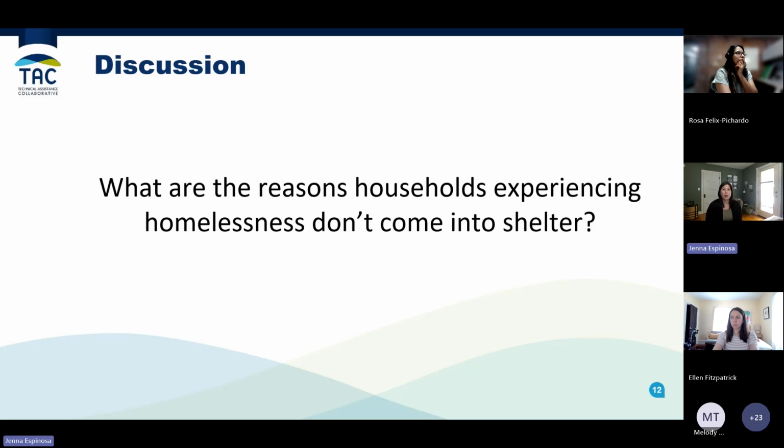Like when you are working with someone who has come into shelter for the first time after being in an unsheltered situation, if you all do any intake work into the shelter, what does that look like? What are reasons why someone wouldn't be able to come inside or maybe choose not to come inside? And you can just come off mute. Rebecca, I see you're raising your hand. Feel free to put it in the chat. Rebecca, you want to go first?